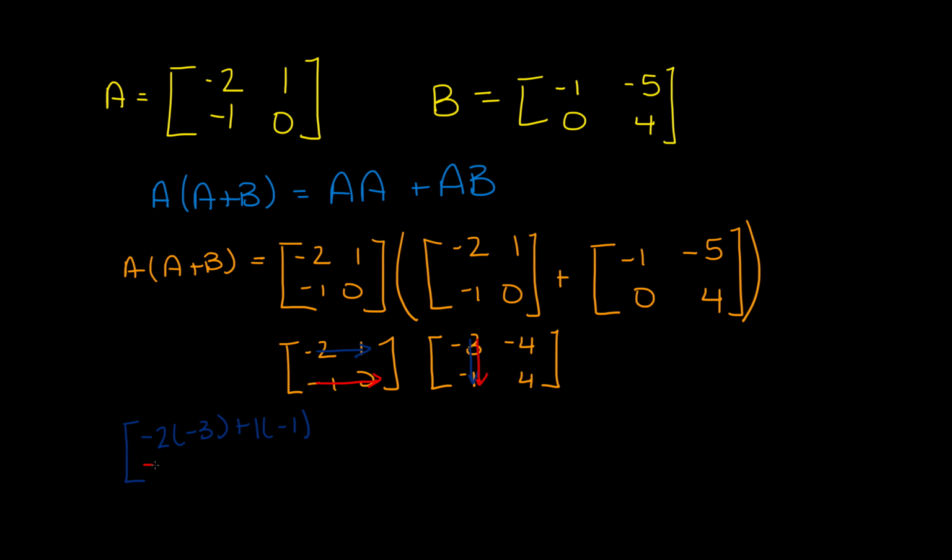So -1 times -3 plus 0 times -1. Next group, across and down. So -2 times -4 plus 1 times 4. And then across and down. So this is -1, -4.